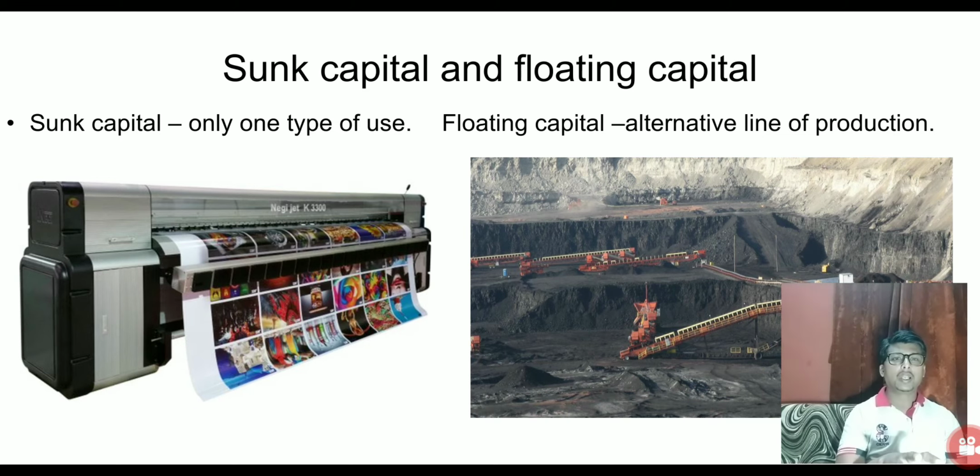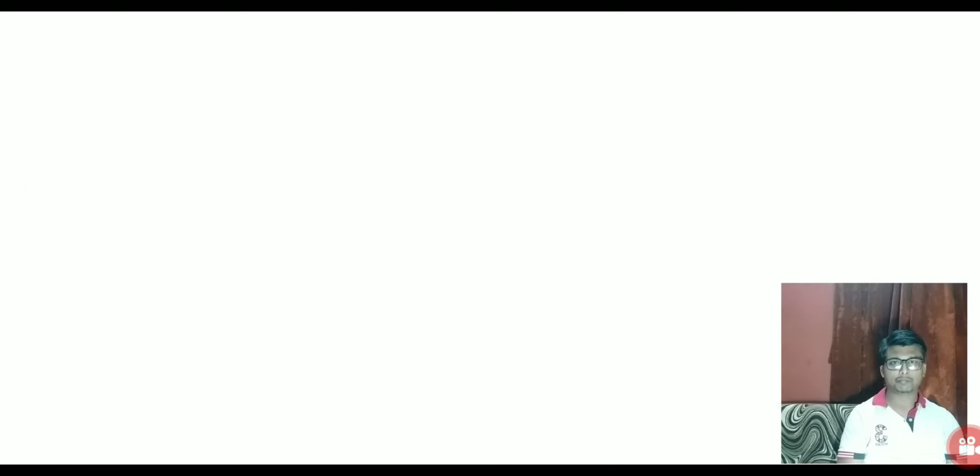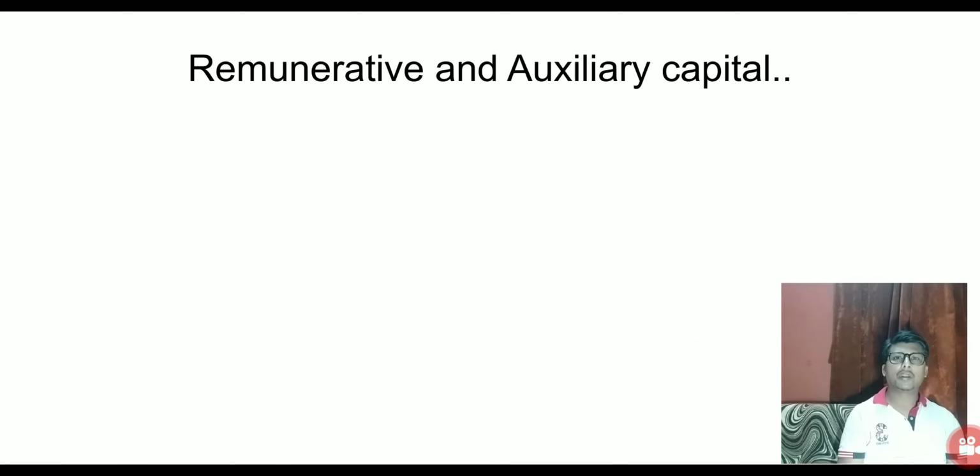Now that coal can be used in the steel industry, or it can be used in the Tata power plant for generating electricity. So that can be maneuvered for various other purposes also. So it cannot be fixed to only one purpose. That is why it is called floating capital. It can be used in alternative lines of production.